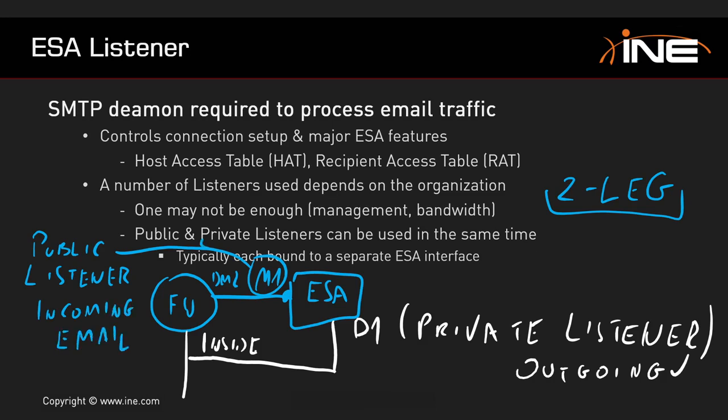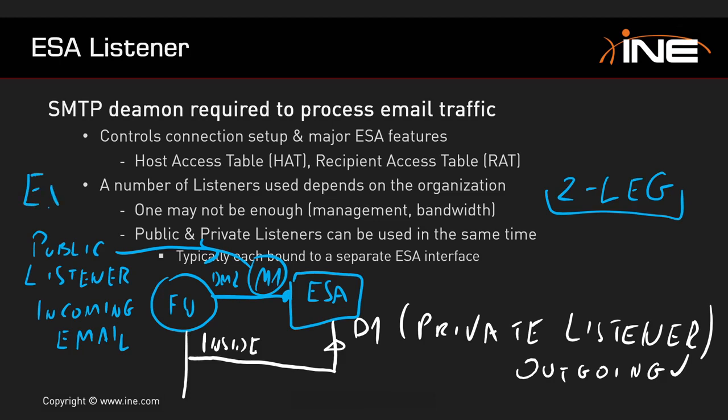So this simplifies the design. Well, it gives you more bandwidth, that's pretty obvious. But it also somehow simplifies the design and management of the appliance, because your firewall knows that anything that goes inbound to the DMZ is coming from the external networks.